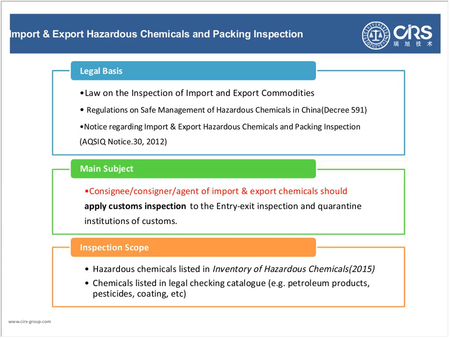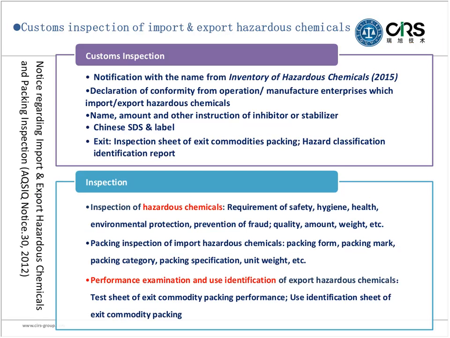Here we list some main contents of customs inspection. For example, you need to check whether your chemical is the same as in the inventory of hazardous chemicals if your chemical is listed in this inventory. Another thing you have to do is prepare the Chinese SDS and the label.